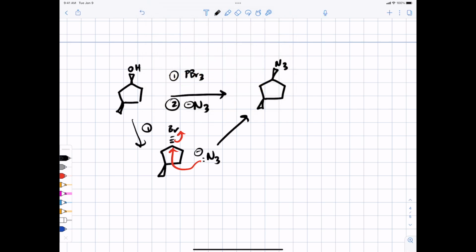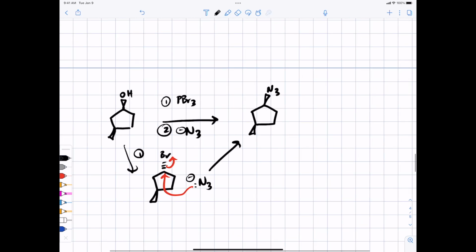All right, and this is a decently simple synthesis. When you're doing a synthesis, you have to look at first what overall change are you making. In this case, I'm replacing an OH group with an N3 group, but whatever I do has to account for the fact that the stereochemistry is the same. You see that? The OH group was up, the azide is up.